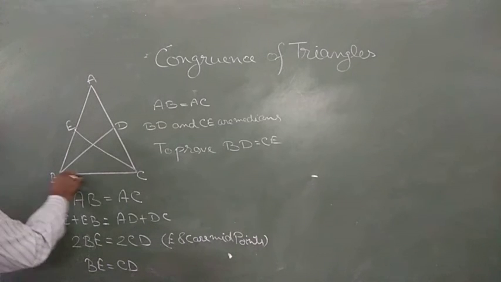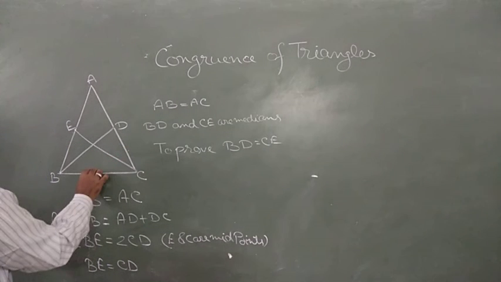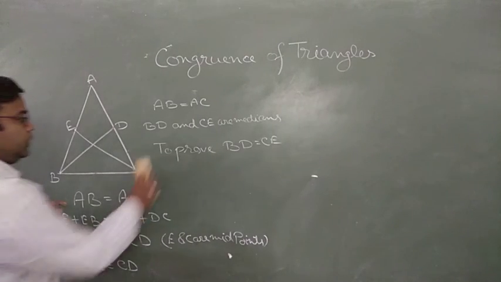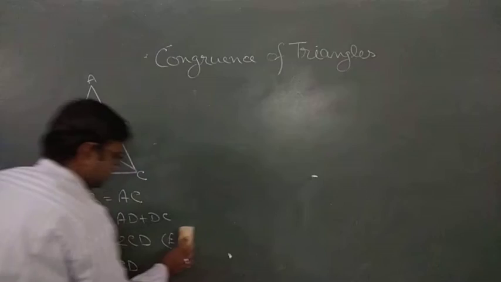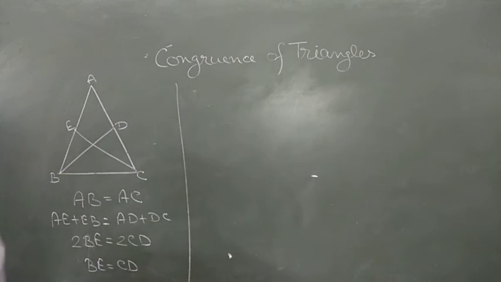So, BC is common. This and this side are equal to each other, and this is common. Let me rub this first side. I'm rubbing this part also because you have to prove that. Now we are going to prove this one.